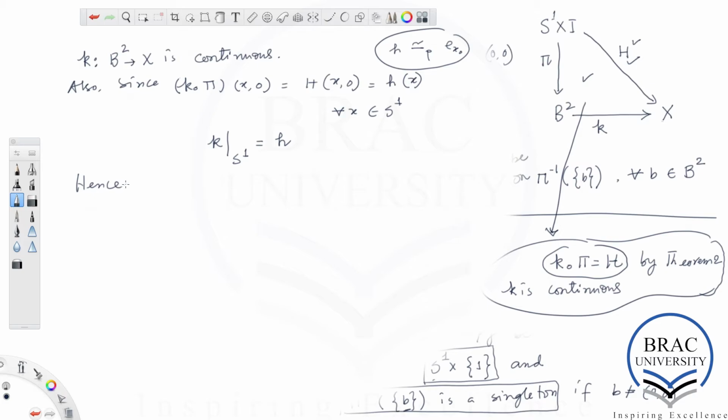Hence, h extends to a continuous map K from B2 to X, right?